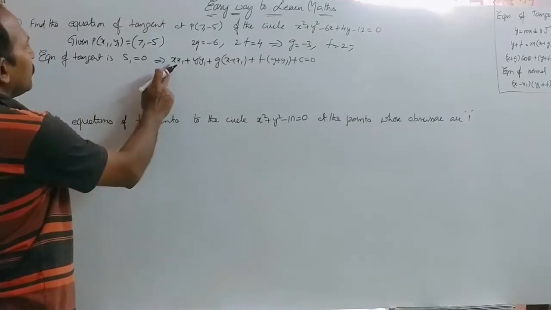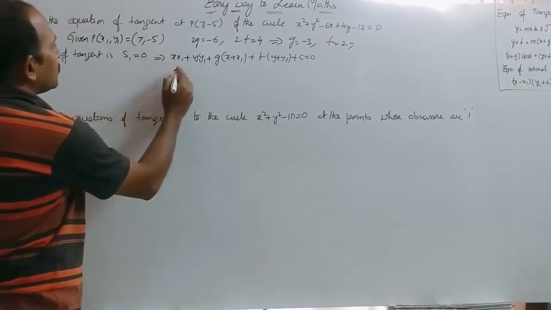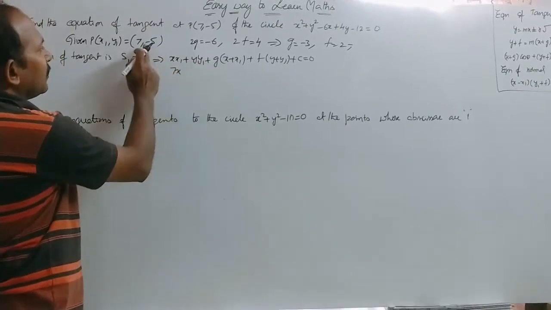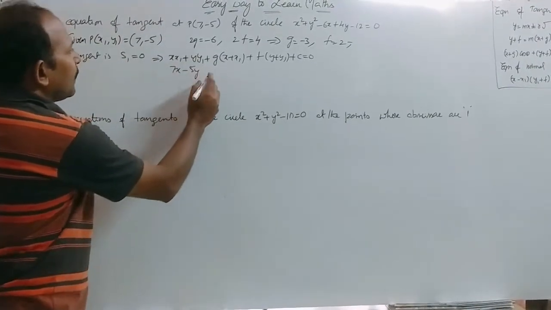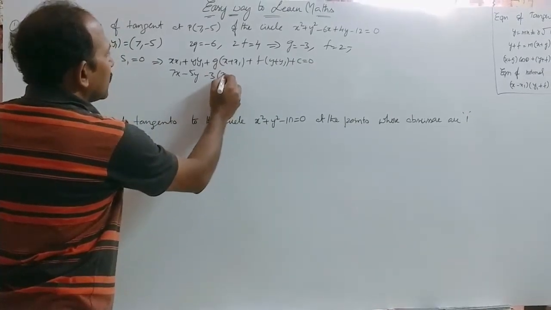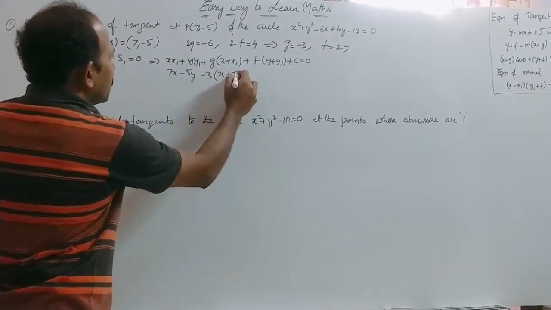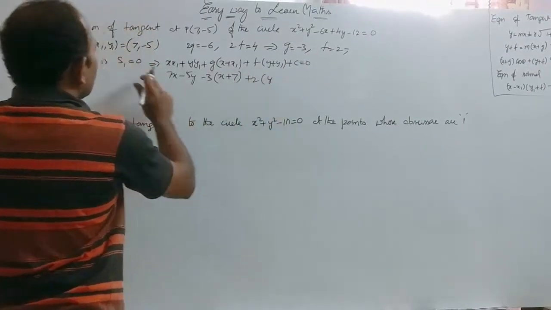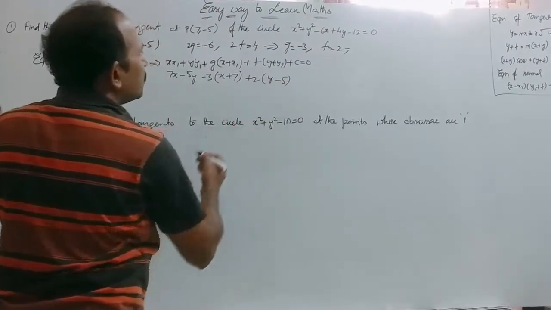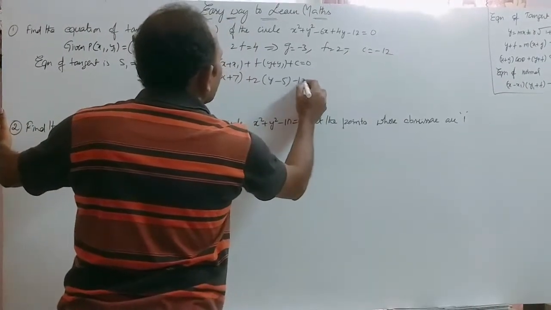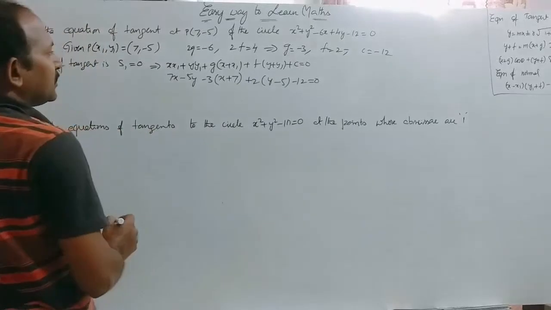Therefore xx1, 7 into x, x1 is here 7, therefore 7x, y1 minus 5y plus g, that is minus 3 into (x plus 7), plus f, that is 2 into (y plus y1), y1 is here minus 5, c is equal to minus 12, equal to 0. Now let us simplify.